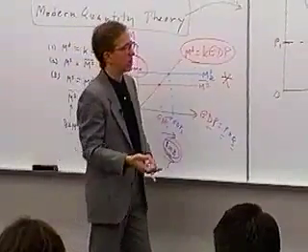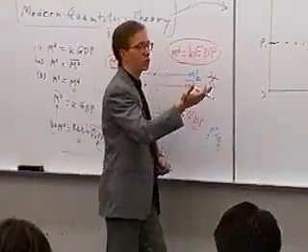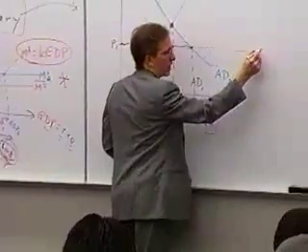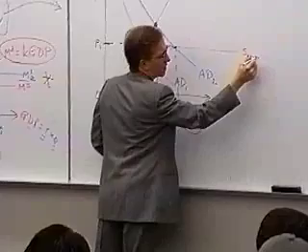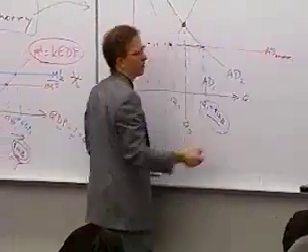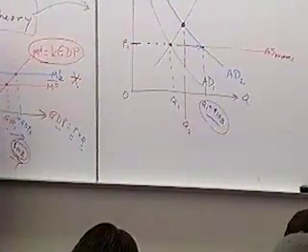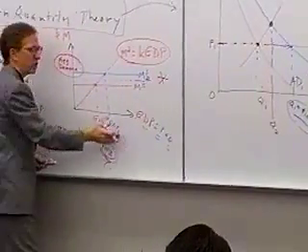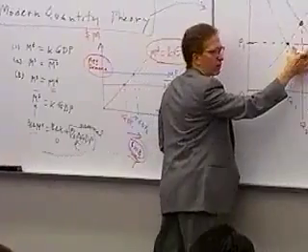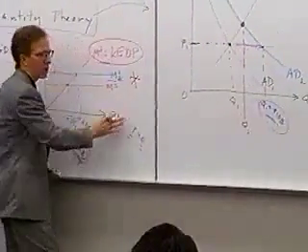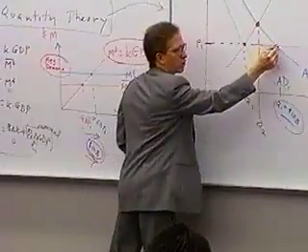Did I confuse you with that? If the aggregate supply curve was passive, the way Keynes assumed, K-E-Y-N-E-S, then this increase in GDP would correspond to a shift in aggregate demand by the same amount, $10 billion to the right, and then this would be the new equilibrium.